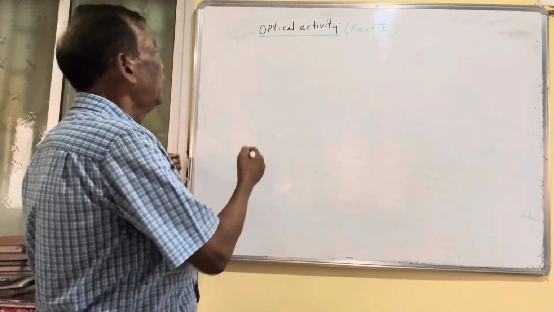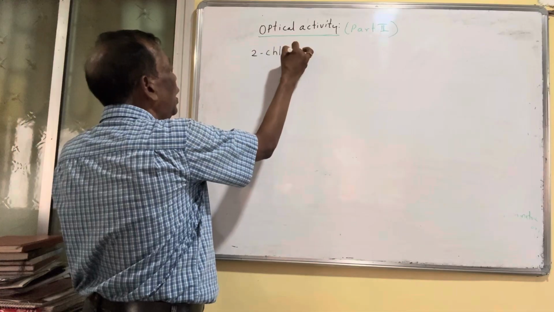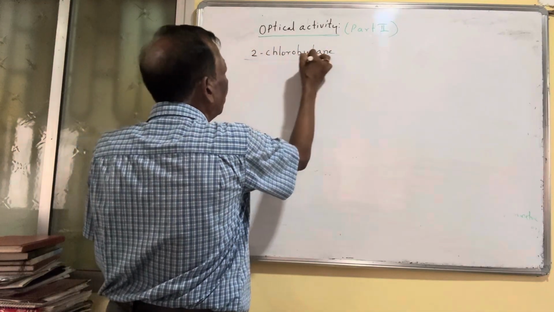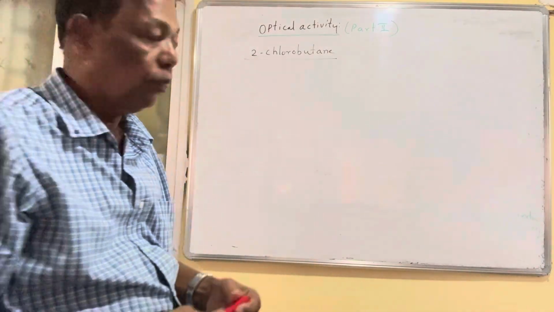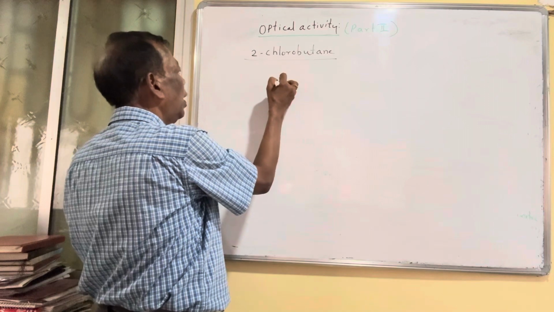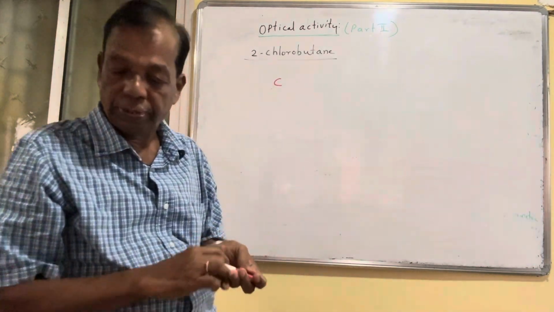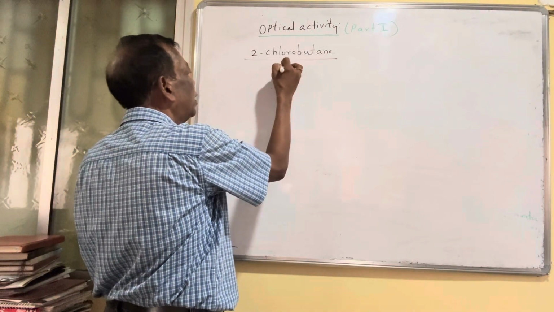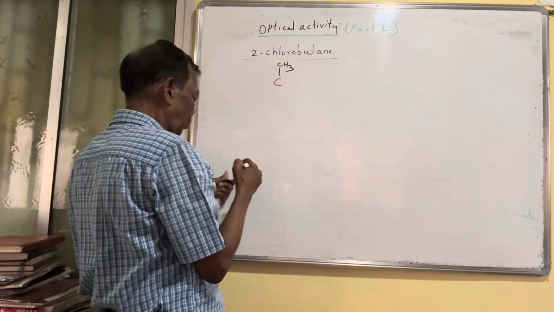So, suppose we have 2-chlorobutane. In this case, suppose we have a compound which I will show like this. This is C. This side I'll take as CH3.